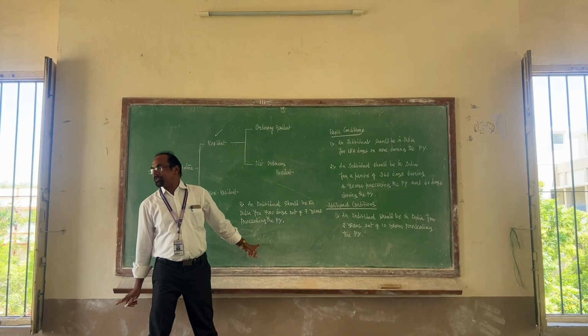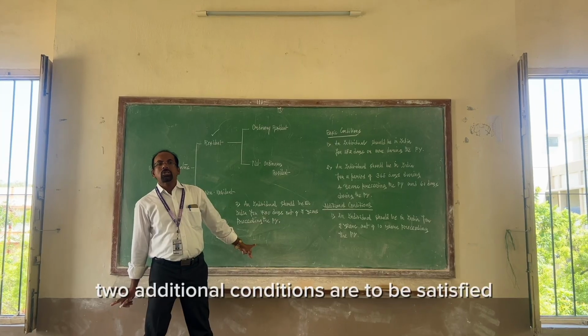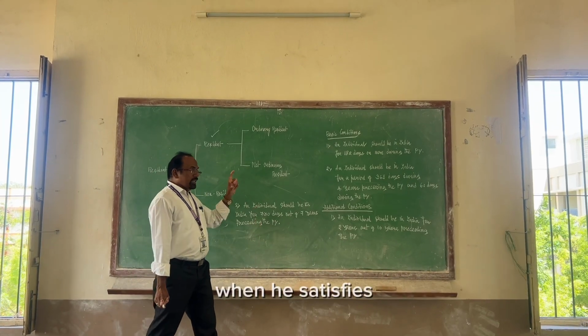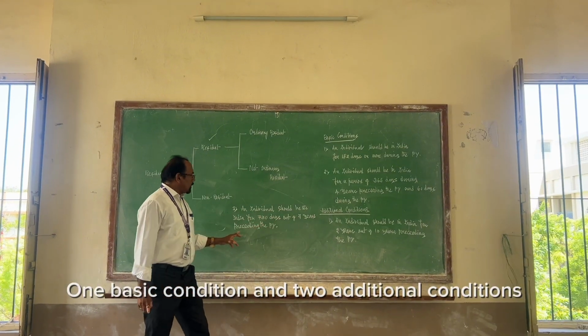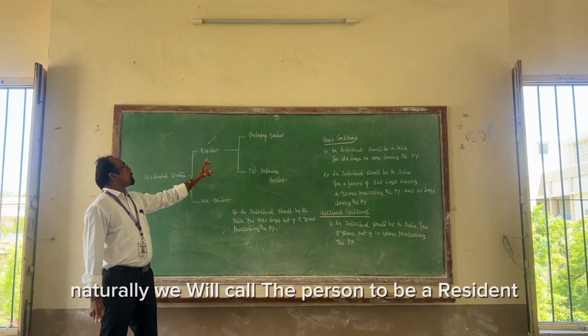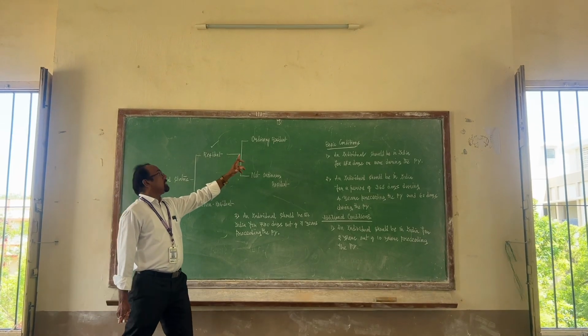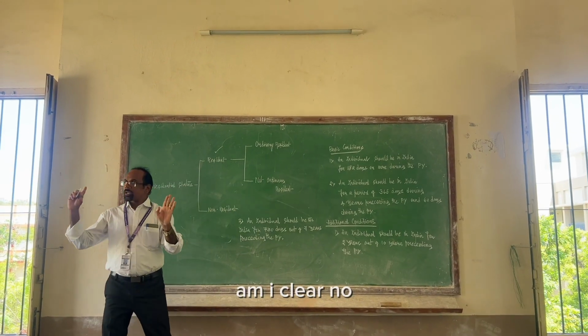When he satisfies one basic condition and two additional conditions, naturally we will call that person to be a resident and ordinary resident. Am I clear?